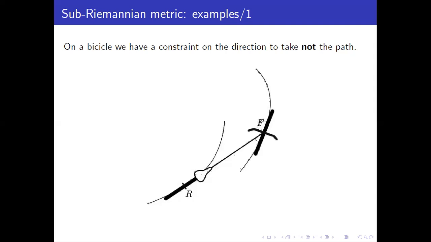But the bicycle has a constraint due to the fact that the wheel turns, I mean, you cannot do 180 degrees on the wheel, right? So in order for me to go with the bicycle from here to 1 meter there, I have to go and then turn and go back, right?